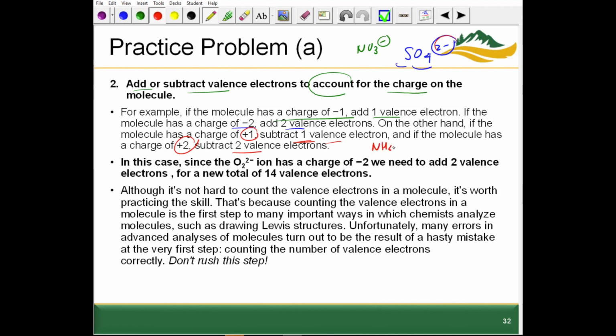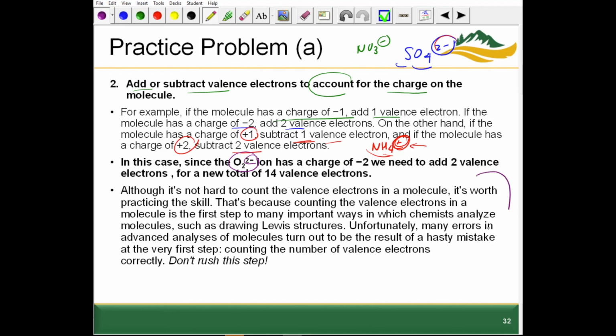One example of this is ammonium, NH4+. We find the valence electrons in 1 nitrogen and 4 hydrogens, then subtract 1 electron from the total because this has a +1 charge. For our example right here, O2 2-, that has a 2- charge.